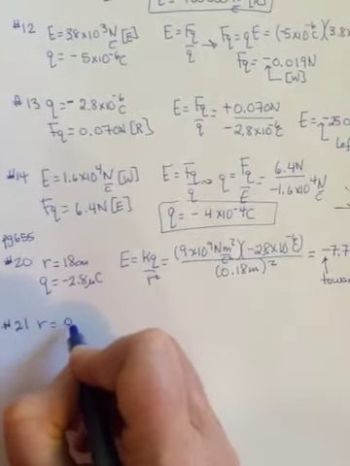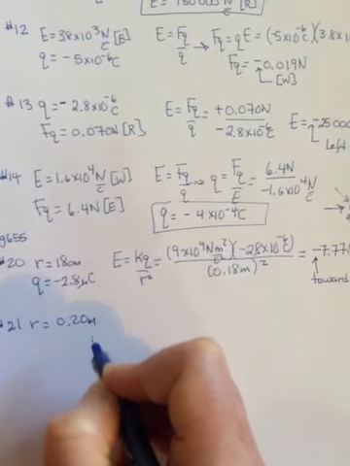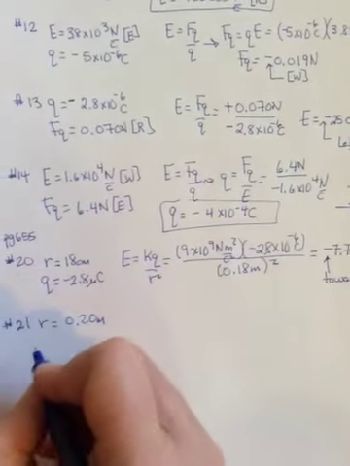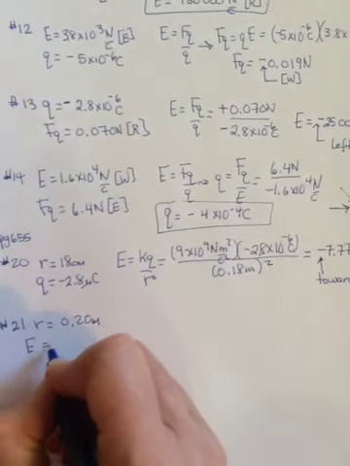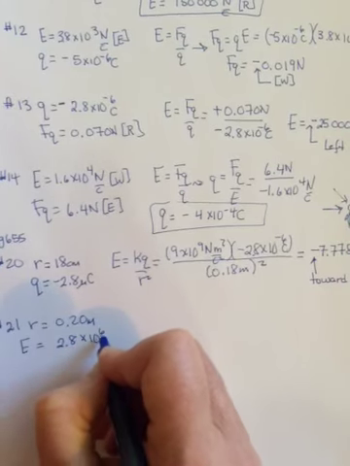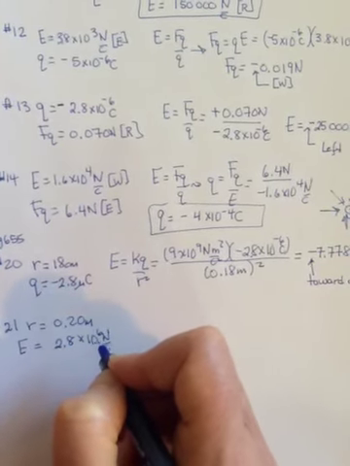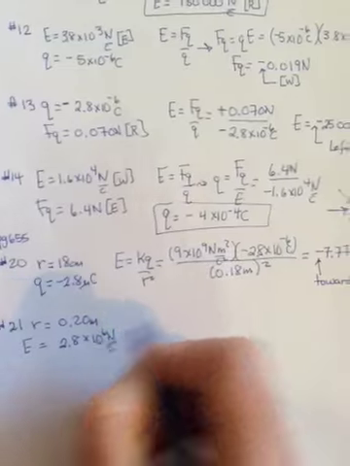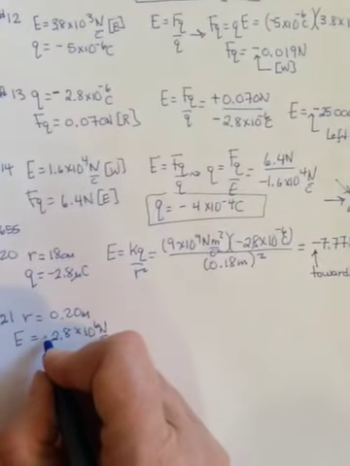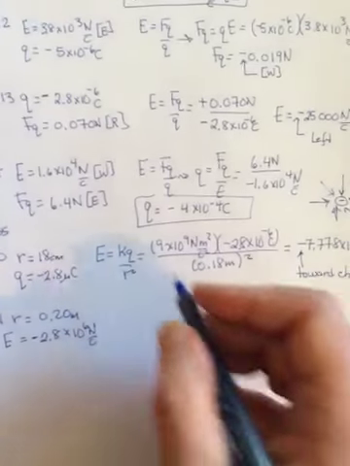So again, telling us our R, 0.2 meters from a point charge is 2.8 times 10 to the 6 newtons per coulomb. So E is 2.8 times 10 to the 6 newtons per coulomb, directed towards the charge. So a moment ago we said towards was negative. So that means this is going to be a negative.